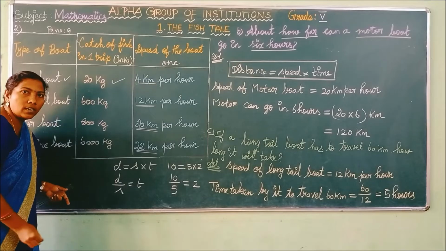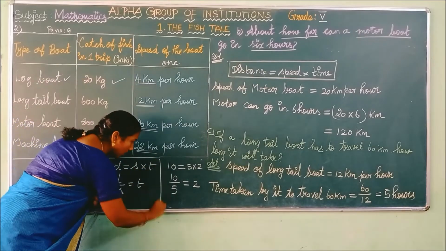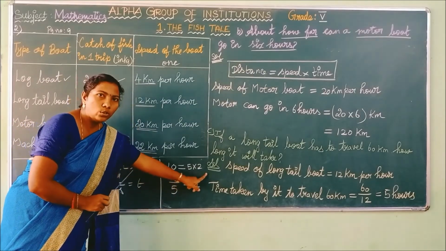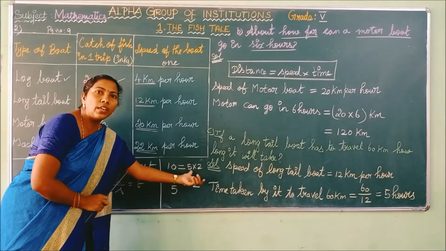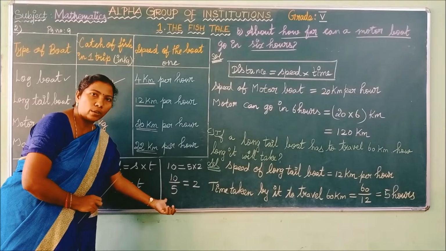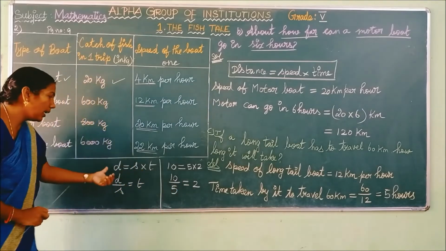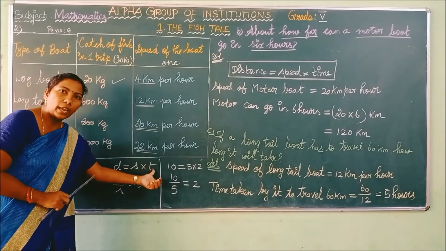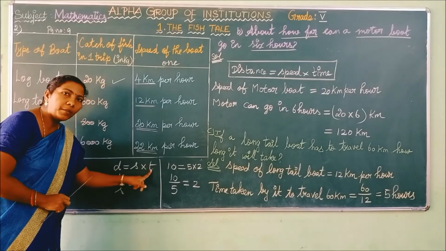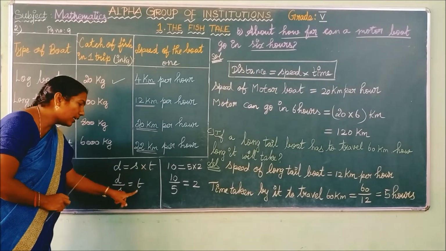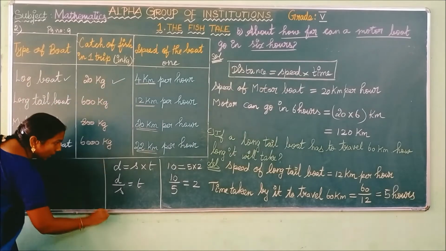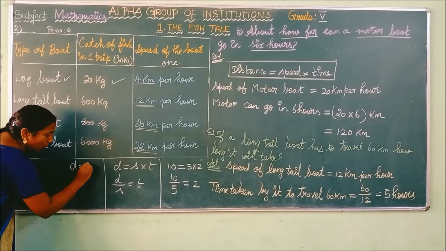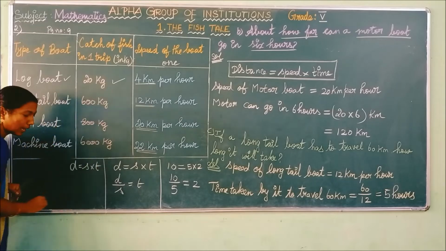Do you understand, children? See here. 10 equal to 5 into 2. In order to write the 2 in terms of 10 and 5, you may write it as 10 by 5 equal to 2. Similarly, distance equal to speed into time. In order to write the time in terms of distance and speed, you have to write time equal to distance by speed. Similarly, you can also write, see here, D equal to speed into time.